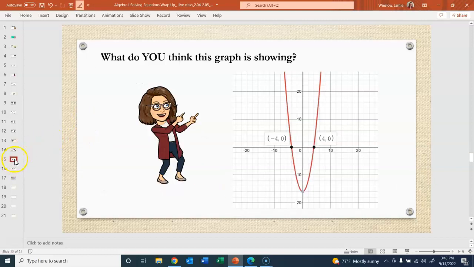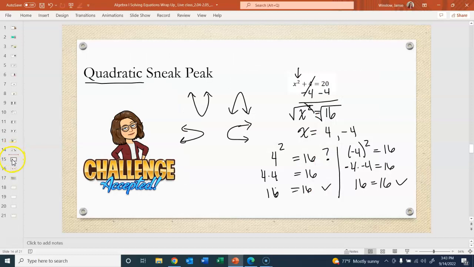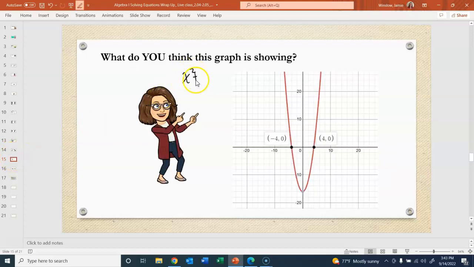So check out this graph. This is the graph of what we just saw, x squared plus 4 equals 20. You could plug this into your Desmos and you would see the same thing. And look, there's our solutions that we got, positive and negative 4. And it's where the graph is crossing the x-axis.